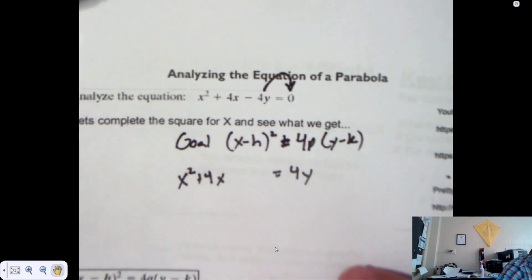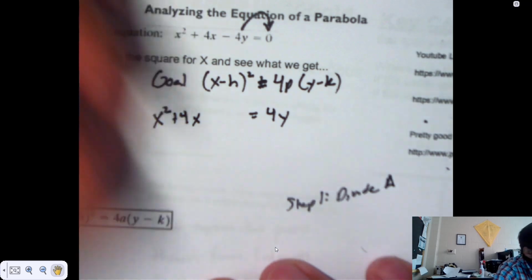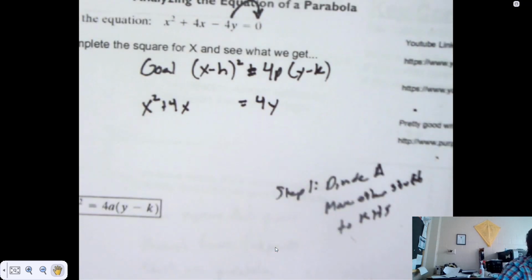Now I don't have the steps down for completing the square. First step is to divide out a, but a is 1. Divide a, and normally we'd say move c to the other side, but we'll just say move other stuff to the right-hand side. That's basically what step 1 is. Remember what step 2 is?